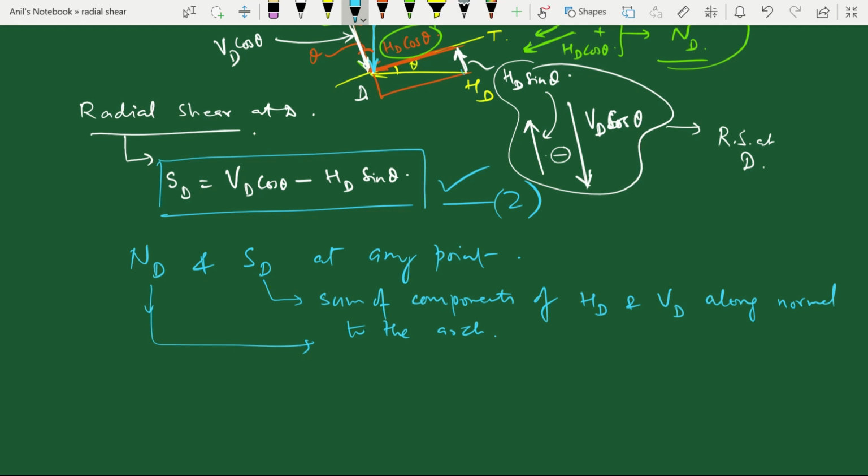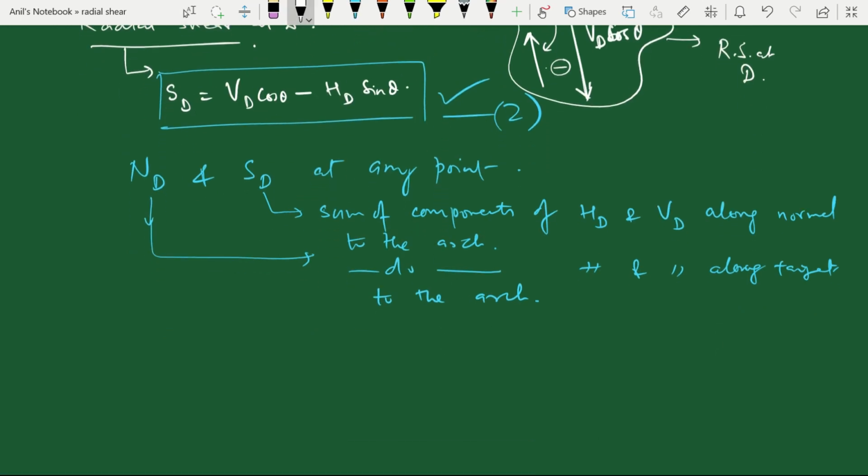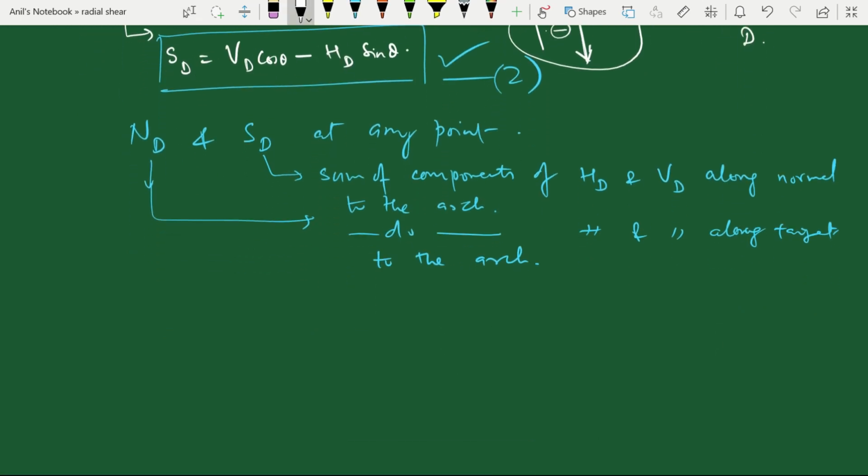Whereas ND, which is normal thrust, is also the sum of components of HD and VD along the tangent to the arch. And the directions of these are like this.